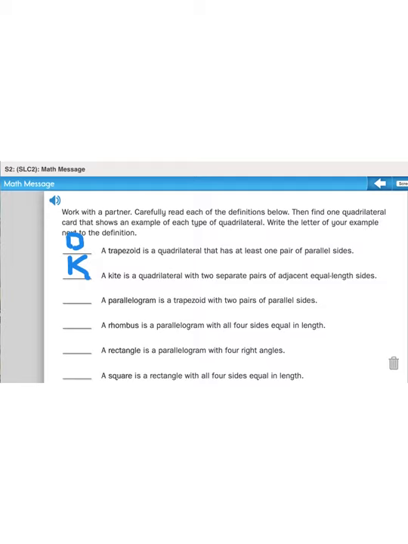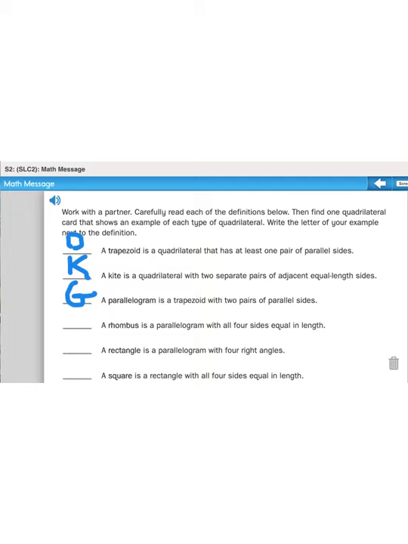The next one says a parallelogram is a trapezoid with two pairs of parallel sides. So if it's a parallelogram and it's a trapezoid, it has to meet both of those definitions. So letter G would be one that fits that, because it has to be a trapezoid, which means it has at least one pair of parallel sides, but a parallelogram has two pairs of parallel sides.